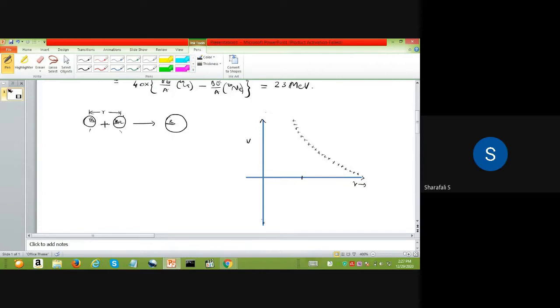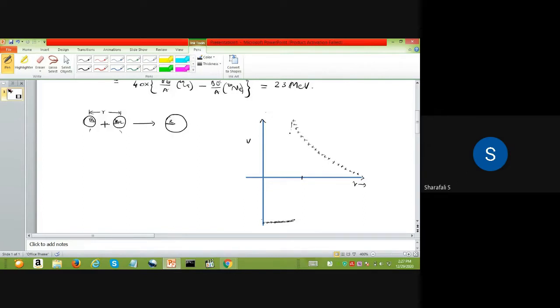So in that particular case, when they are very close to each other, the fusion will happen, and suddenly this potential will come to this point. And if you go further, that will be nothing but the nuclear attractive potential of this product nucleus.